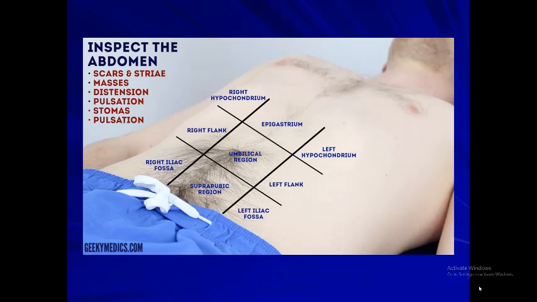The 2 longitudinal lines are the right and the left midclavicular lines. The midclavicular line is drawn between the midpoint of the clavicle and the midpoint of the inguinal ligament on both sides.